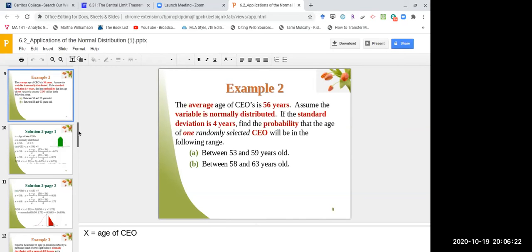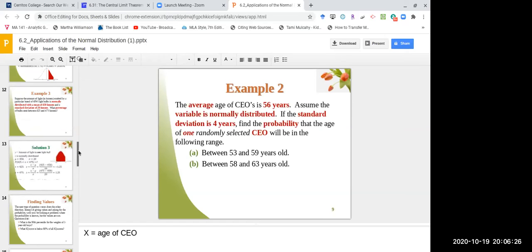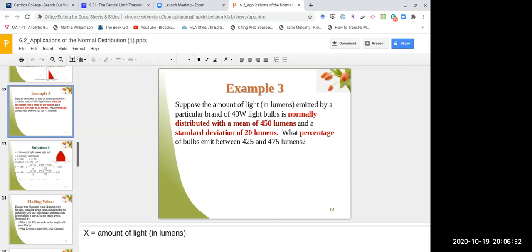Now there's other ways to use this idea. We have the random ages of CEOs. One thing that does become problematic in some of these sections is we have this.